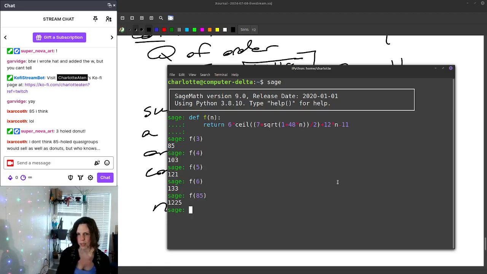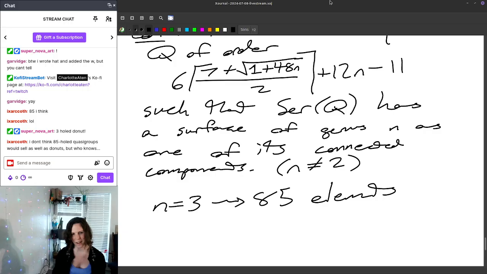Oh, and I keep saying things like the 100-hole donut, but let's just see, 1,423. So it is actually possible, by studying an algebraic structure with only 1,000 some odd elements, to study, perhaps combinatorially, the surface of genus 100.